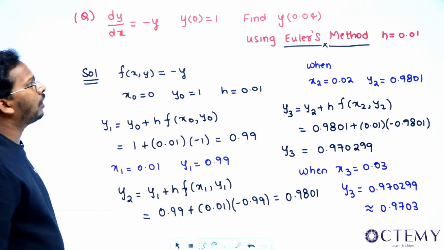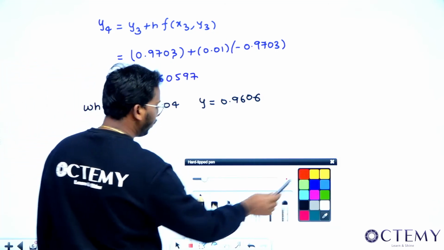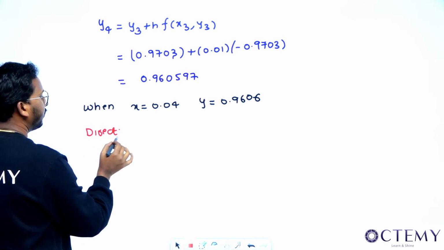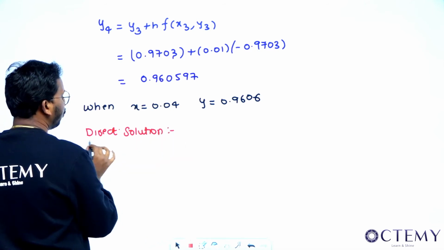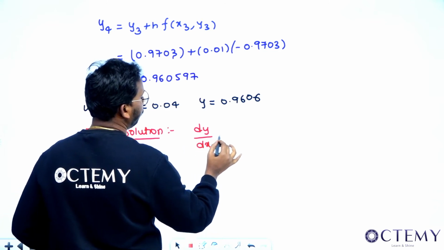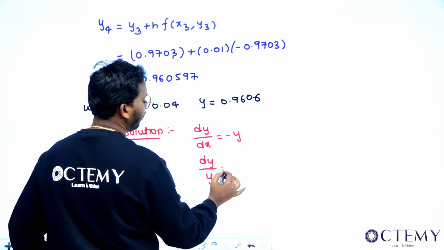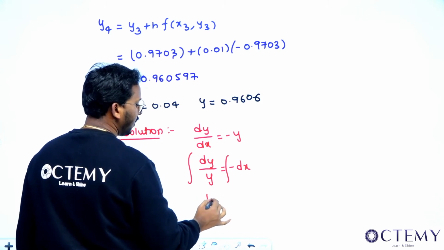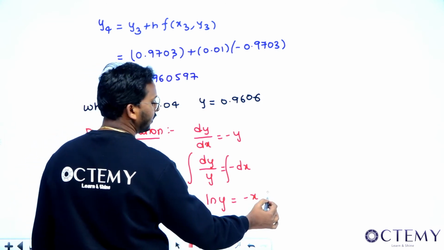If you solve this directly, see what you get. This was using a numerical method. If I try to solve it directly, we will see what the error is. We know how to solve this. dy/dx is equal to minus y. That means I can write dy/y is equal to minus dx. Integrate, and you get ln y is equal to minus x plus c.